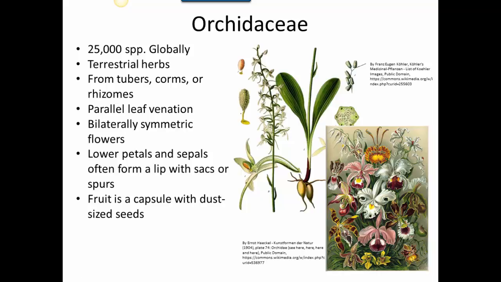Orchids often have lower lip petals. So you can see in this one, they have this petal that sort of hangs down, and in this one, and in this one. So that would be considered a lip. Sometimes that lip is sort of curled up into a sac.